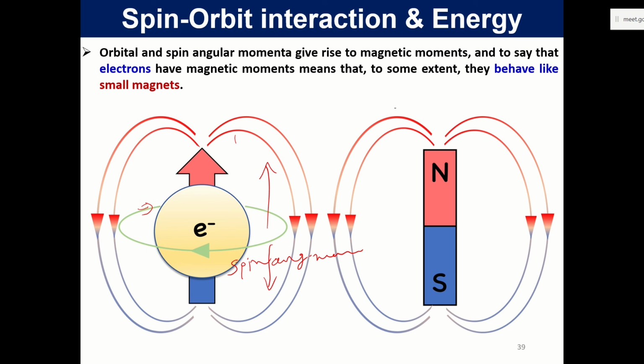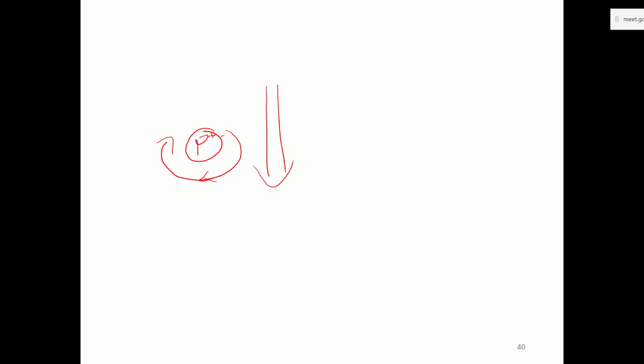So that is the direction of spin angular momentum, and the magnet is pointing up. This is because of having a negative charge, the behavior is opposite. And the proton has the direction of spin angular momentum.